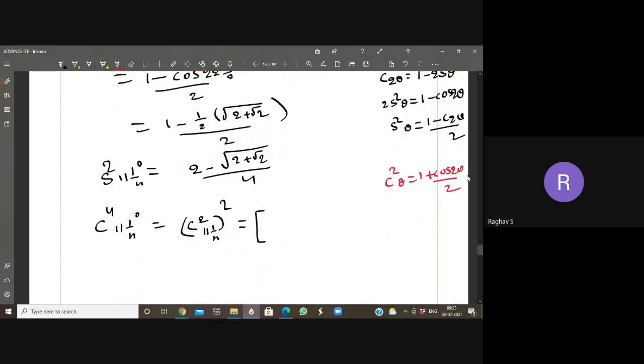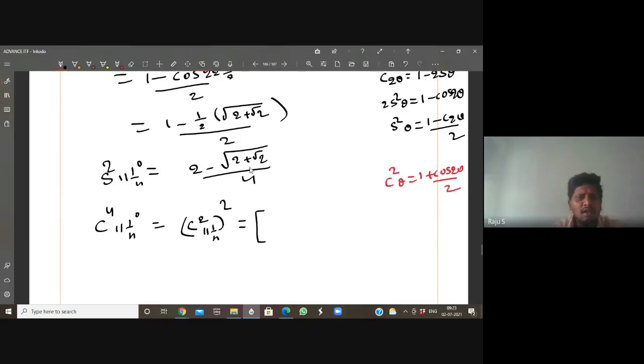Since we already found sine square theta, we can easily do cos square theta as 1 minus sine square theta. Because you already got sine square, you can do it that way also. So 1 minus sine square 11 1 by 4 degrees, whole square.